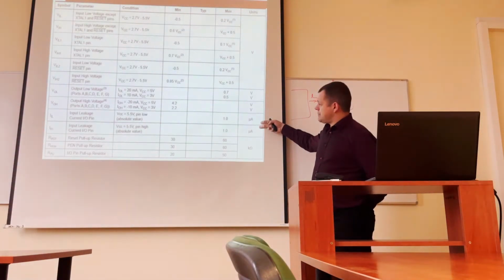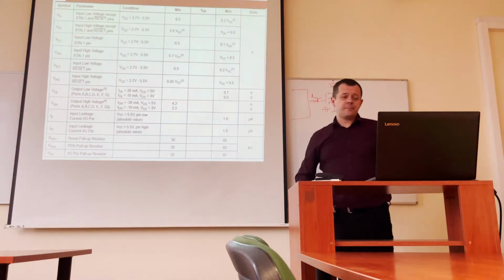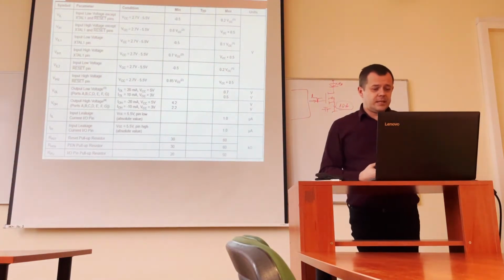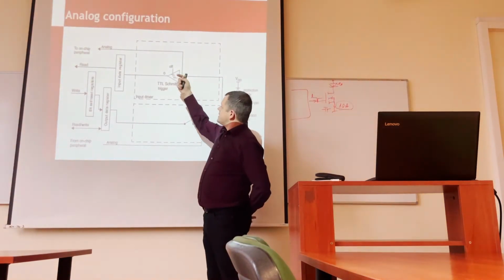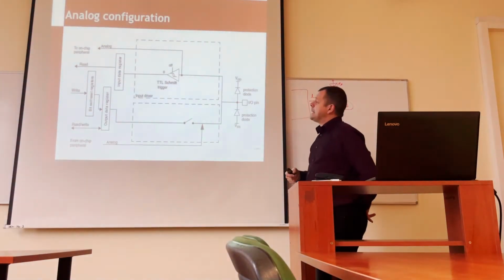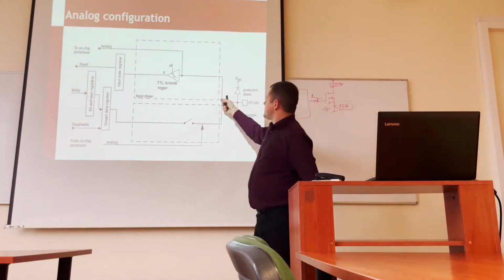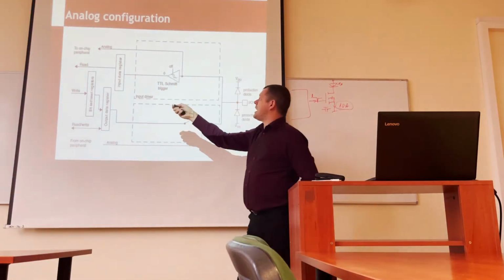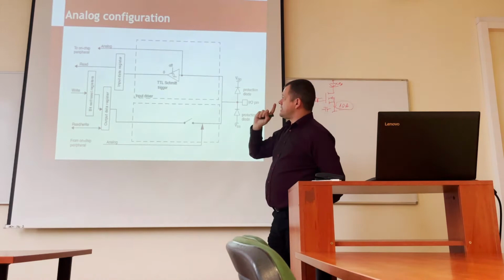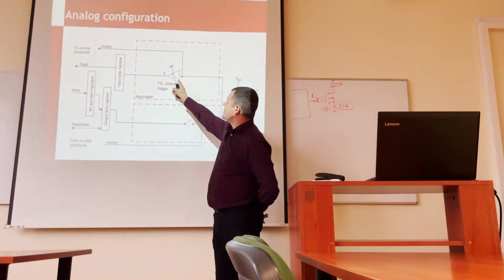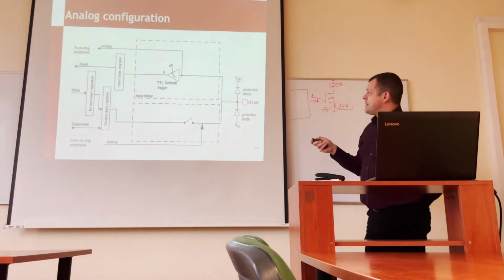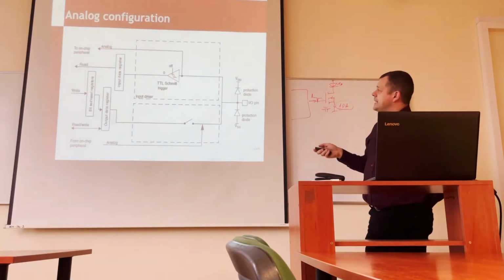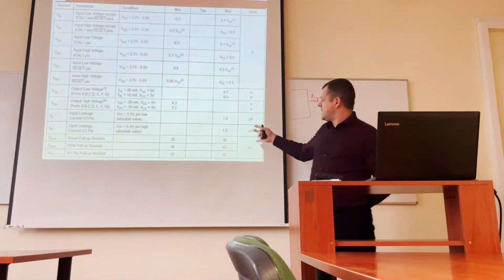Also, sometimes an important parameter is the leakage. The leakage is of course related to the impedance of this Schmitt trigger buffer, because the analog part usually has higher impedance than the Schmitt trigger. That's how it is technologically done. So the main source of leakage is usually this buffer.